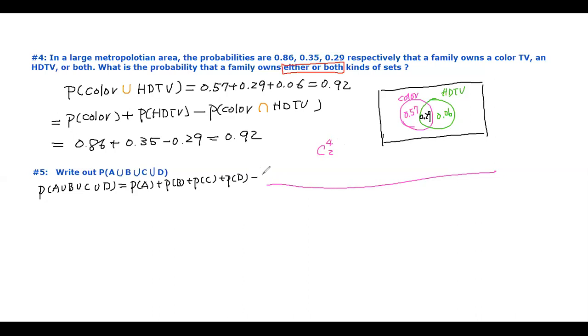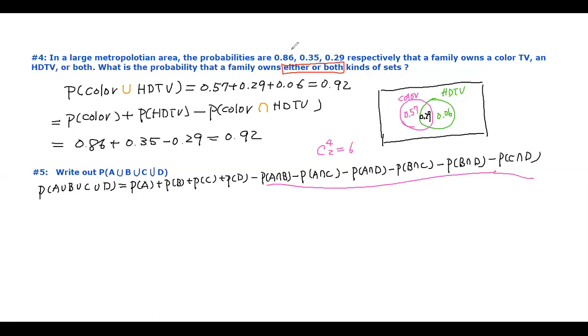I need to minus A intersect B, minus A intersect C, minus A intersect D, then minus B intersect C, minus B intersect D, and minus C intersect D, right? So I know the second set has 6 different ways. That's how we get the second set.